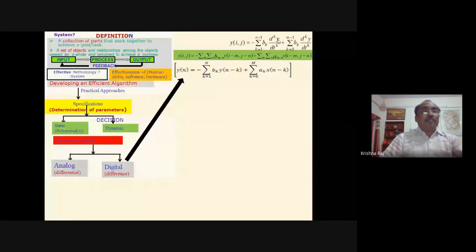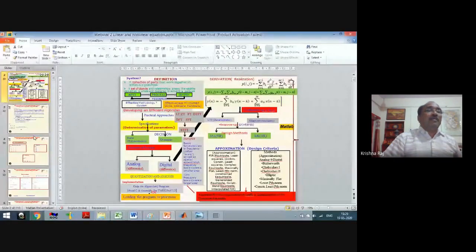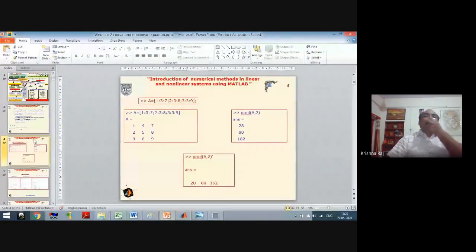Now again we are coming to the same slide, from where we are going to start today's discussion.